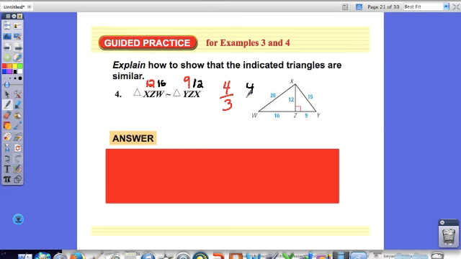So it's important to look at what they're comparing to what, because what they're actually doing here, let me try and draw this so you can see this, WZX.